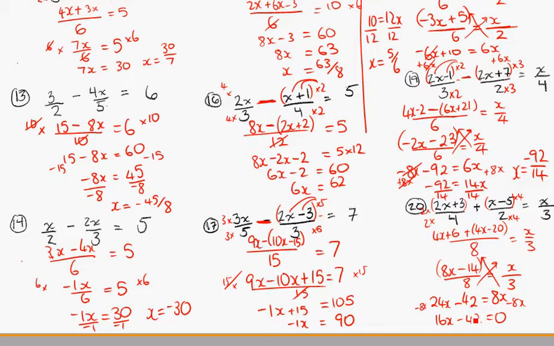I would next add 42 to both sides. So then we would get 16x equals 42, x equals 42 over 16. You can simplify that. 4 would go into both. No, 2 goes into both. 21 over 8, x equals 21 over 8.